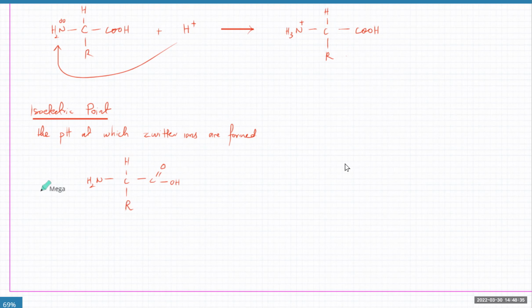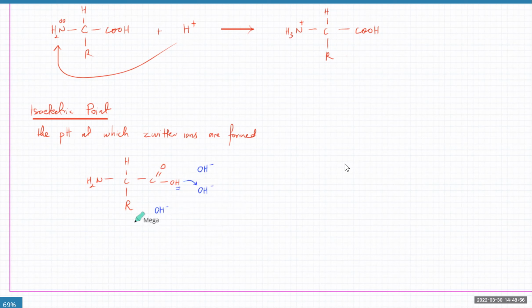Now the thing is, if the medium is too alkaline, it means there's a lot of OH ions around it, so there's a very high chance that the H+1 over here would be lost, right?